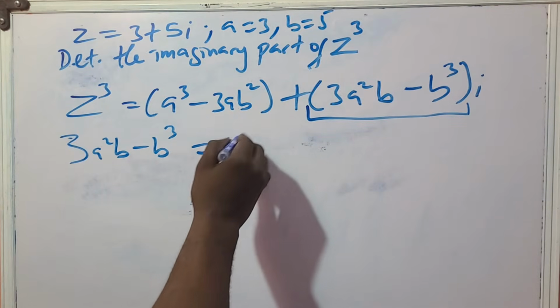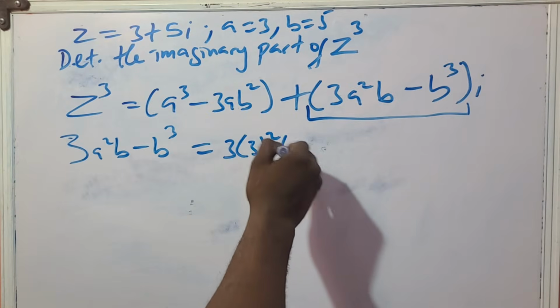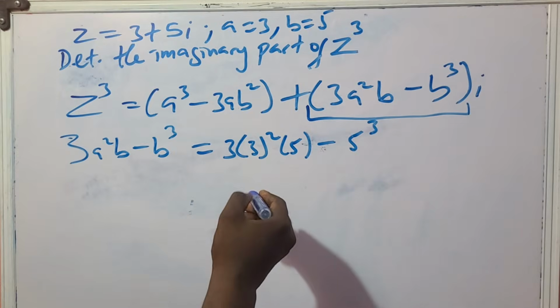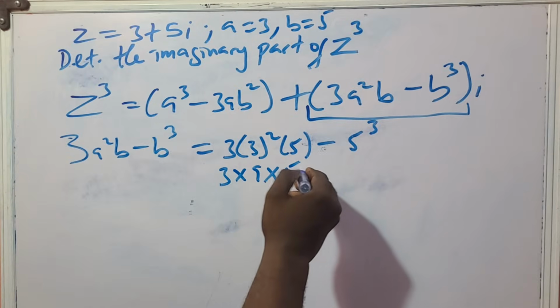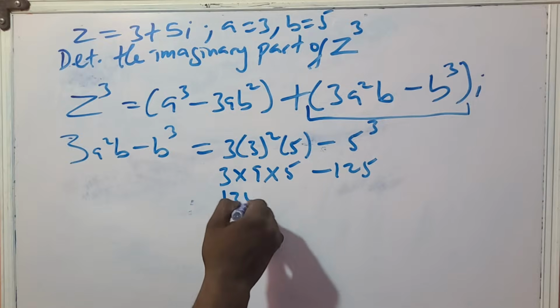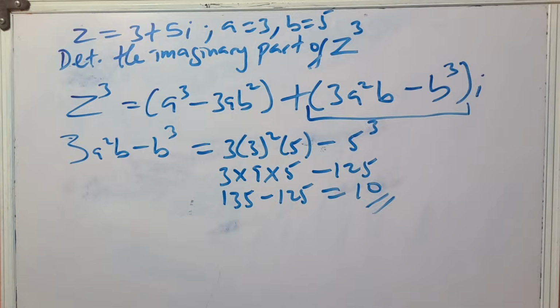So I want to have 3 times 3 squared times 5 minus 5 cubed. This will be 3 times 9 times 5 minus 125. This will be 135 minus 125. This will give me my final answer to be 10. And that's all. And you're good. So 10 is the answer.